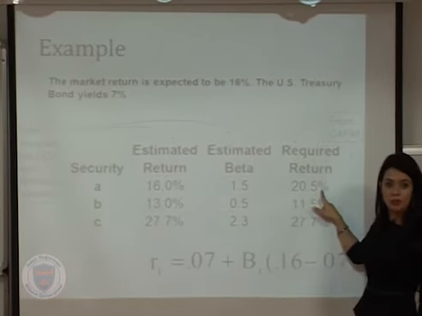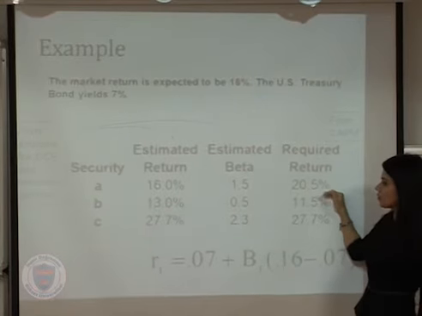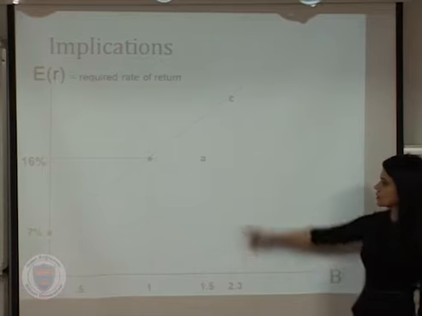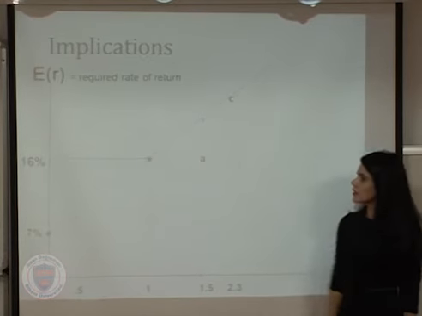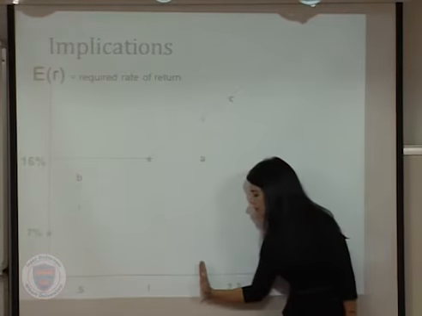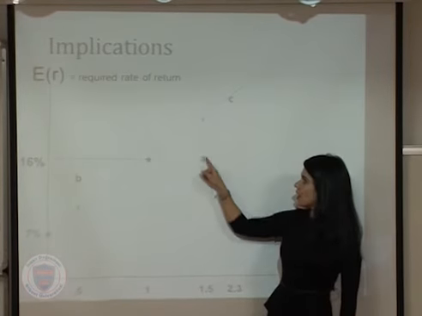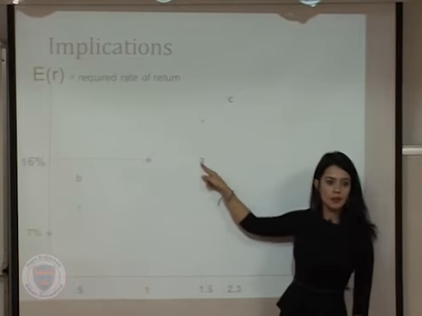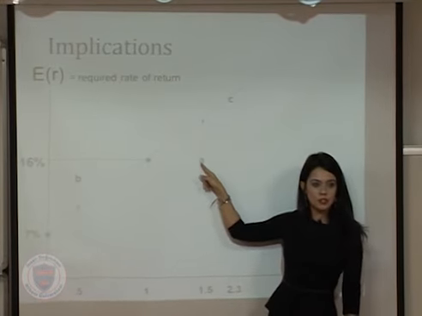CAPM tells you should be at 20.5. But your estimated return is 16%. So this is where A is. And similarly, this is where B will be. Okay, so at the 1.5 beta, the CAPM says return should be 20%, but actually your estimation says, no, you're at 16%.